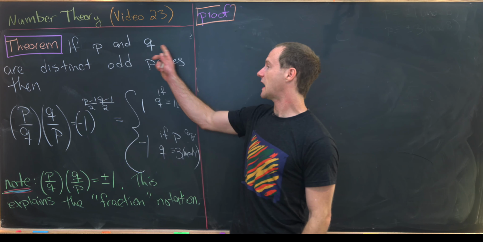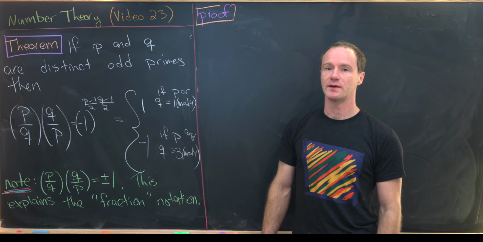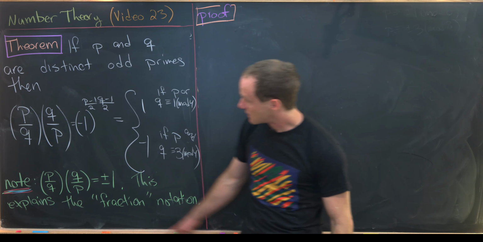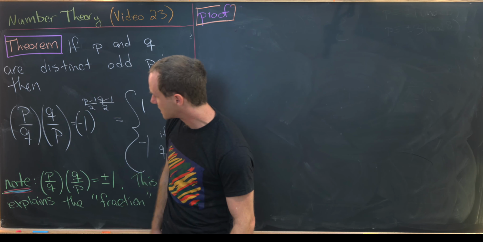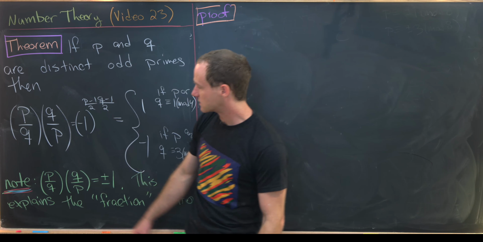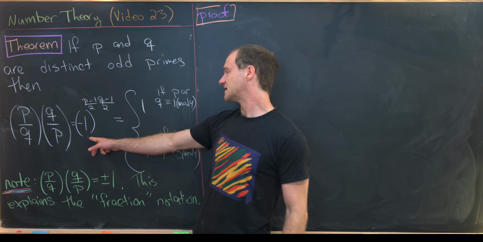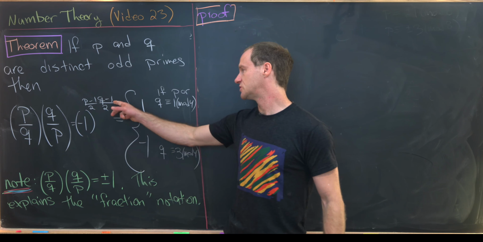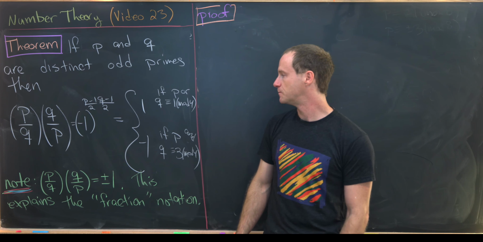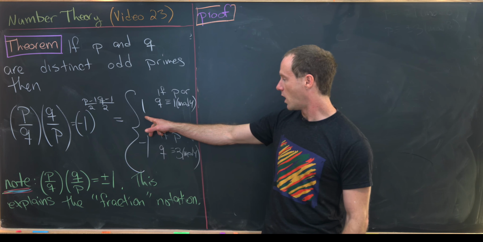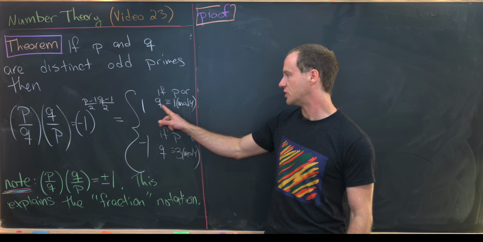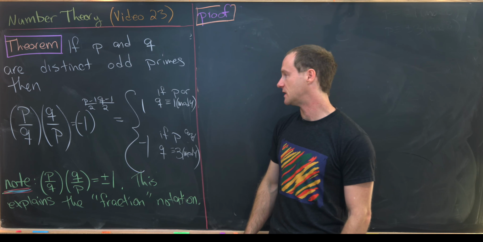So if p and q are distinct odd primes, then the Legendre symbol (p/q) times the Legendre symbol (q/p) is equal to (-1)^(((p-1)/2)((q-1)/2)). But notice that's equal to 1 if p or q is congruent to 1 mod 4.